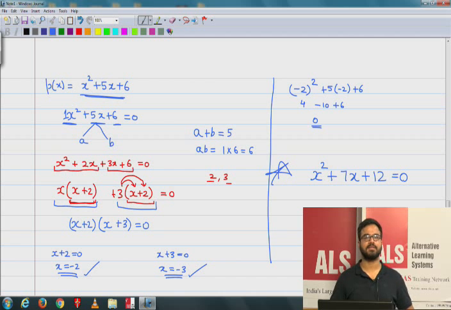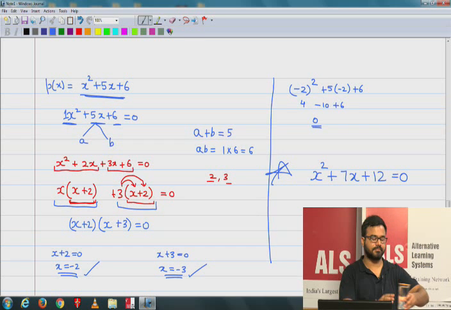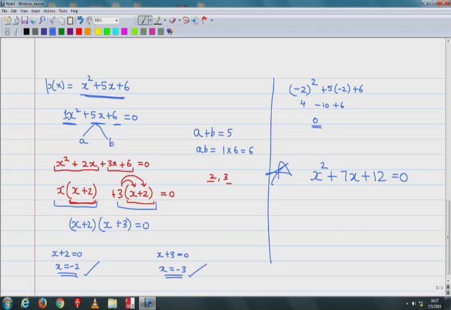Find the values of x in this case. The same concept is there, the middle term splitting you have to do.